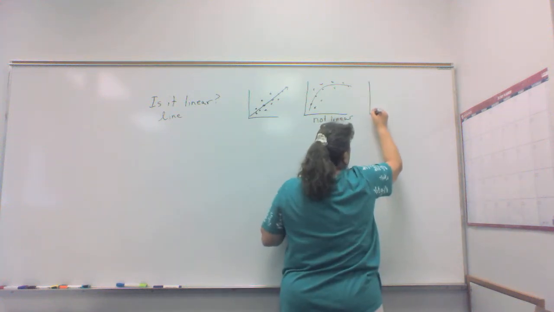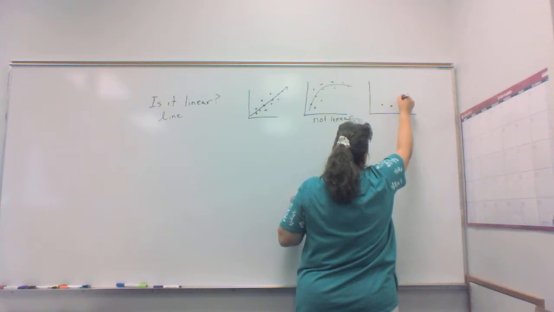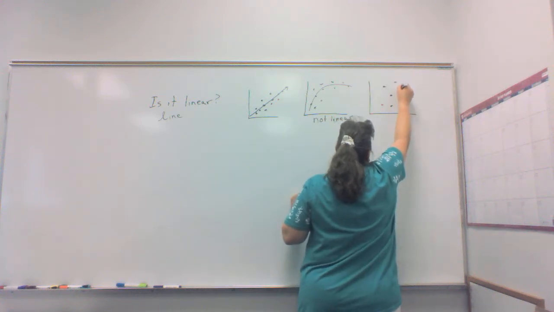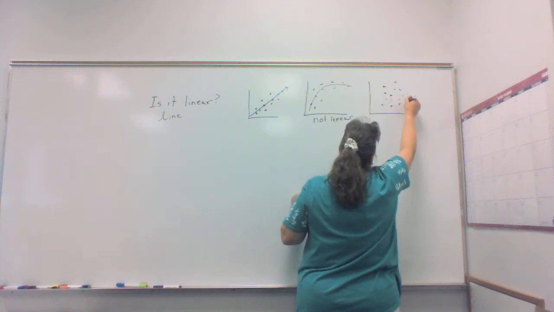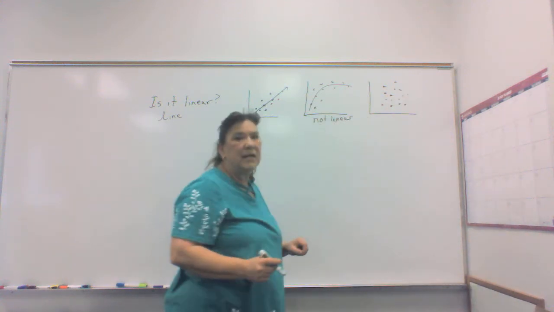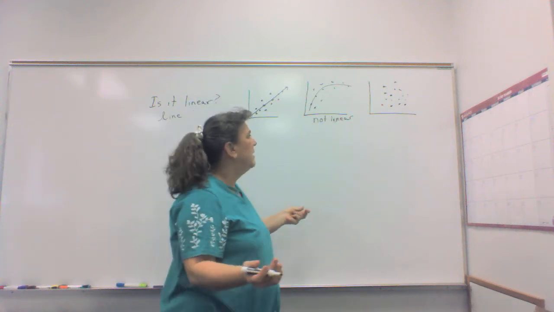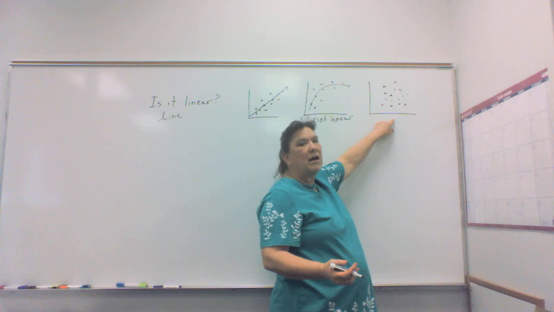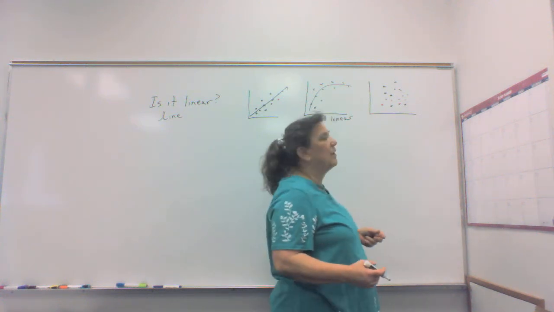Another example might be something like this. I'll make my dots big so you can see them. As you see, it's all scattered all over the place. So this is not only not linear, there's nothing at all of any kind of correlation.